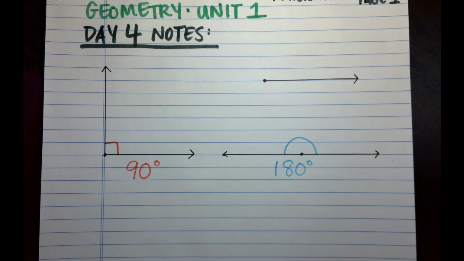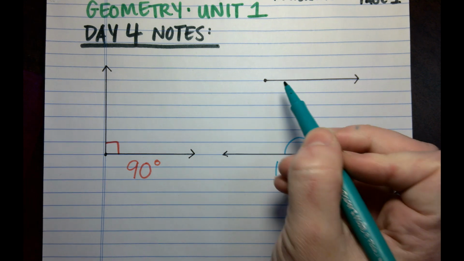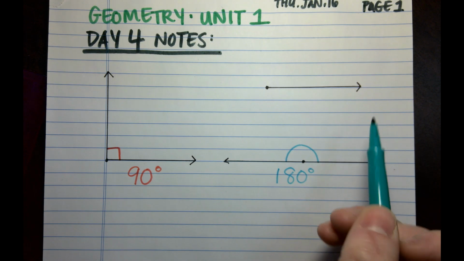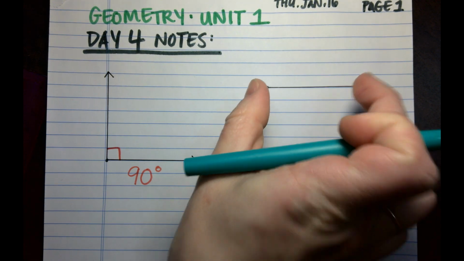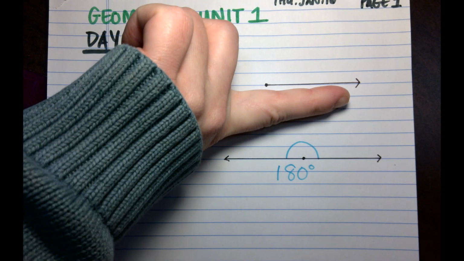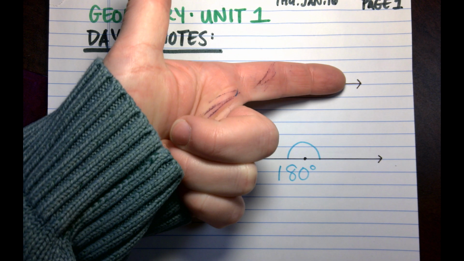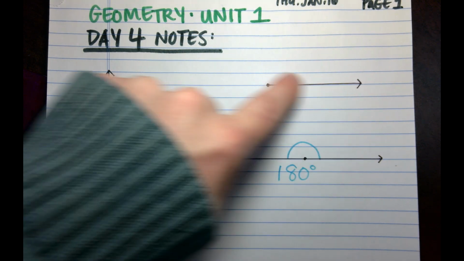Here's how we mark this one. So my arc of where my angle is opening up, here's where it starts. It is doing a full rotation all the way around and ending where it started.